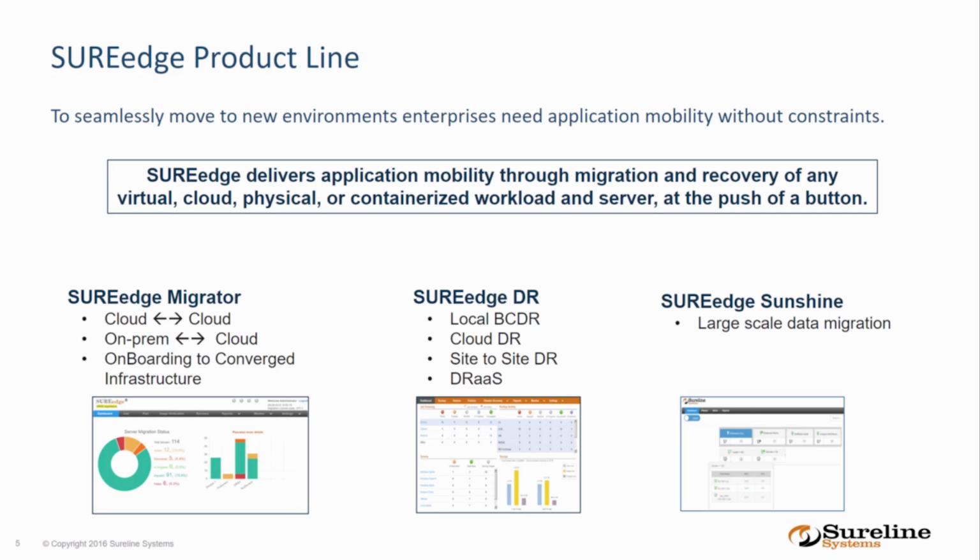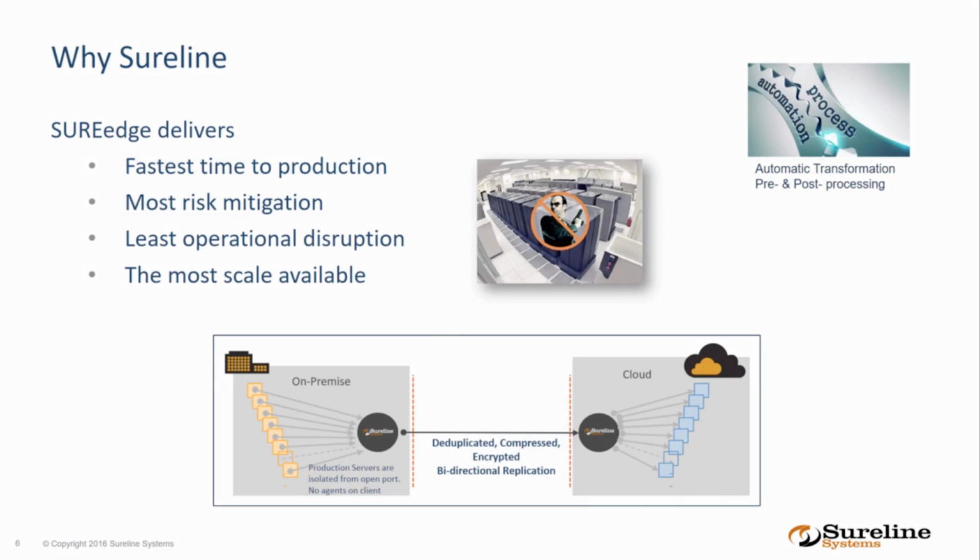And we also have a product called Sunshine, which is how you can seed very large amounts of data to get started. That's an appliance that can move the data through. What we are doing is trying to give you the fastest time to production. So we have a lot of advantages in here.